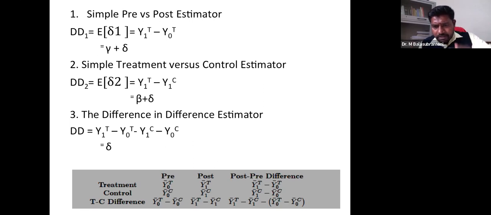This is nothing but the difference between the treated and control, before intervention and after intervention. That is the final column in the table. Okay, fine.